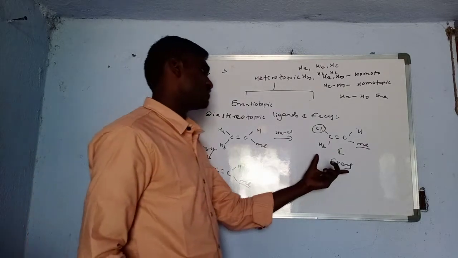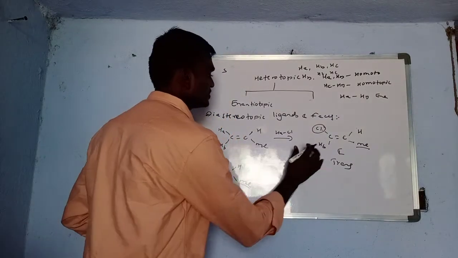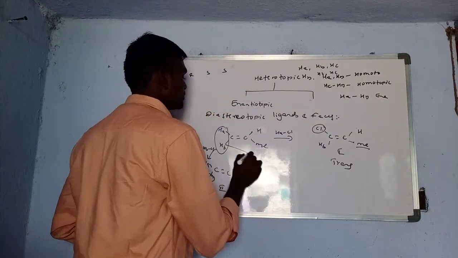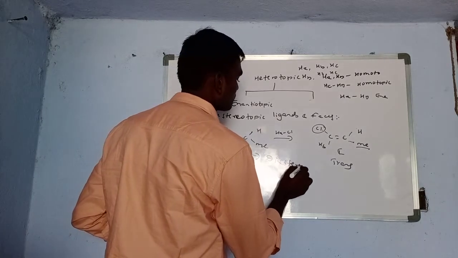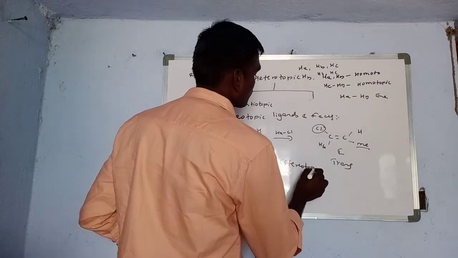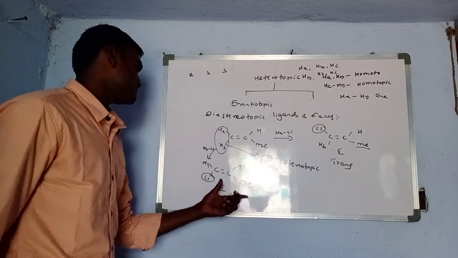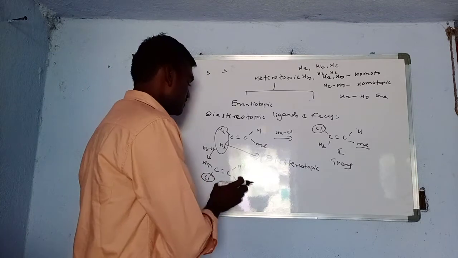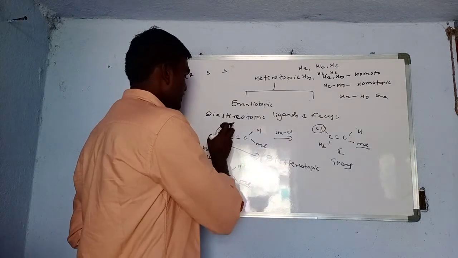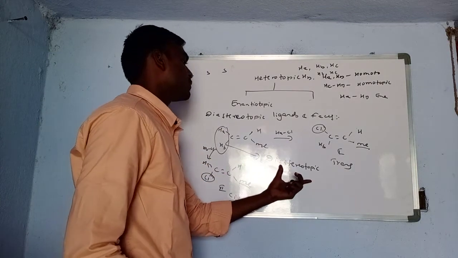Whenever cis and trans products are produced, then these HA and HB are said to be diastereotopic in nature.